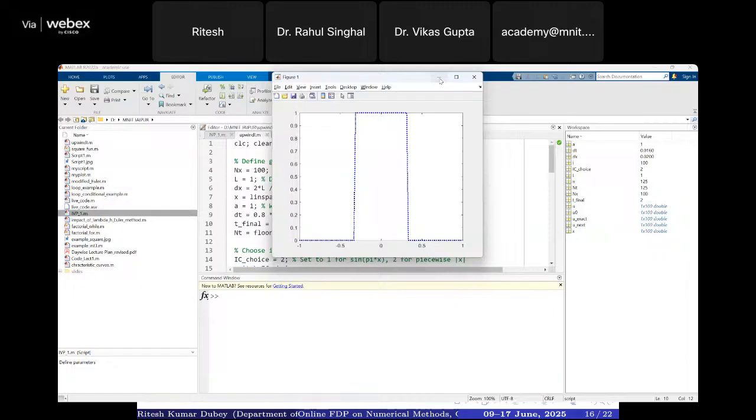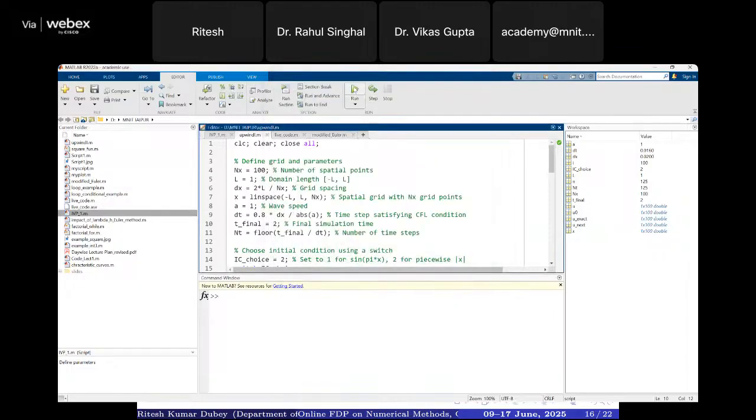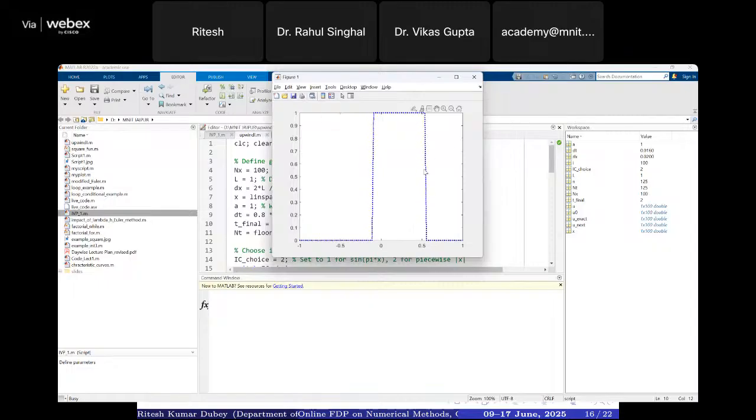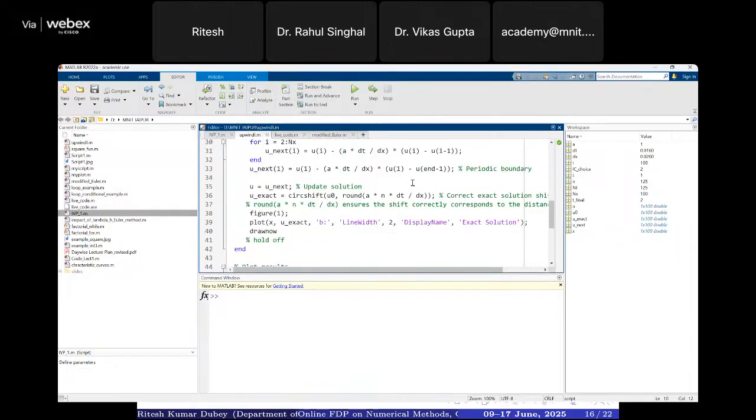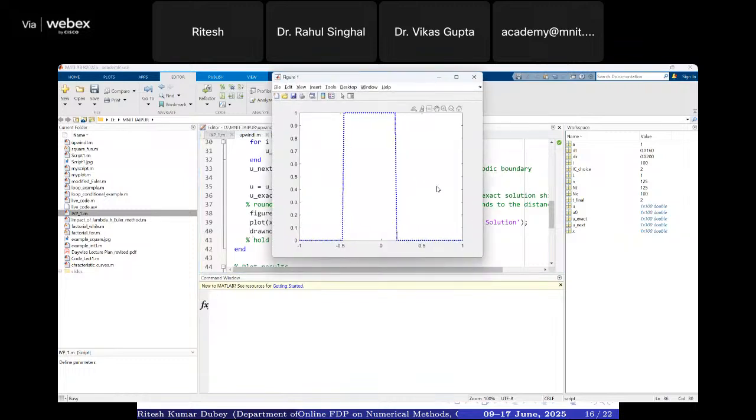I will show you the implementation of that also. This makes it clear how the solution is propagating. In this simulation we have taken a equal to 1, but if we take a equal to minus 1, then you will see the solution start propagating towards the left.